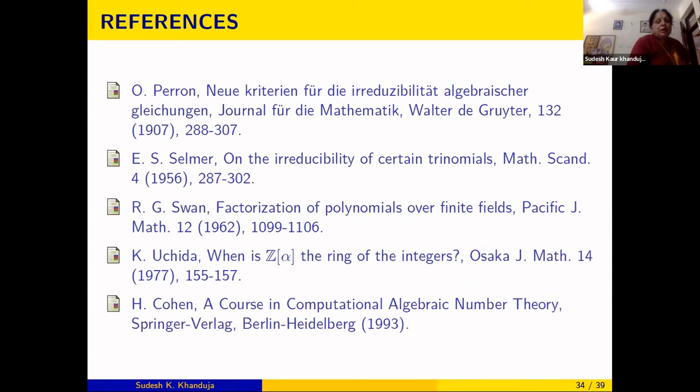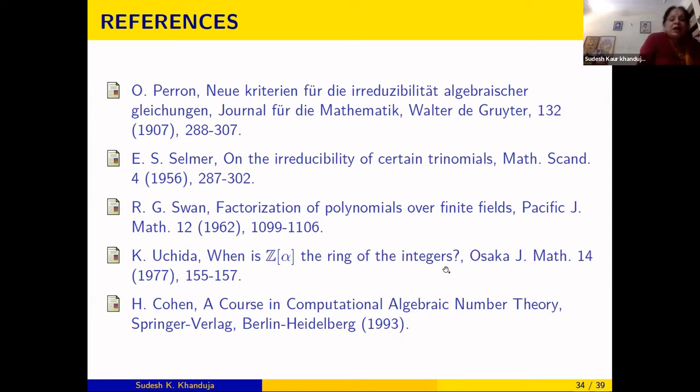These are the references. Parent's reference comes first because I used Parent's criterion, and Selmer because I used the irreducibility of the polynomial x^n minus x minus 1, and Swan for the discriminant formula for a general trinomial, and Uchida, of course, is the backbone of the whole work, which instigated when is Z[alpha] the ring of integers.